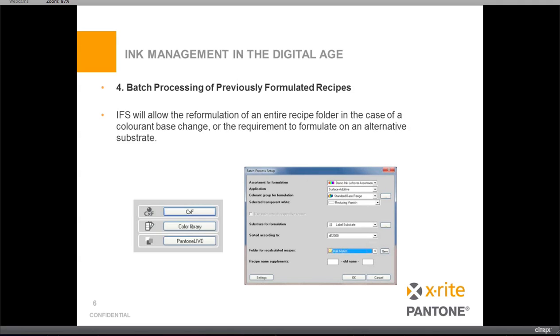This could be something like a different additive, or the removal of a specific colorant, or perhaps formulating on a different substrate, whether it be a flexible packaging substrate or a different paper grade. We can then also refine the sorting criteria to any number of different characteristics.